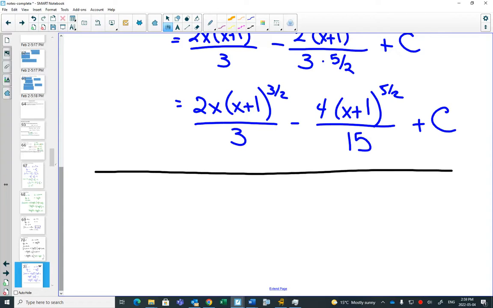Now, the reason this question made me happy is because it has a secondary, beautiful solution. Here we go. We've got x times the square root of x plus 1 dx.